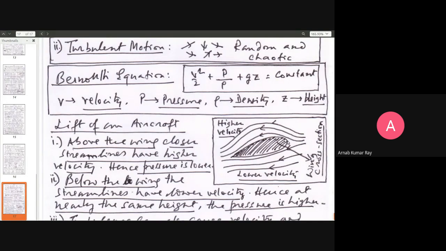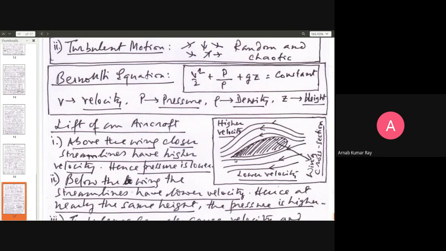Now, because of this extra hump-like structure on the top face, the streamlines would be forced to come closer, right? If there are more streamlines here, then they will be bunched up close and they would want to move out more quickly. As a result, the upper part has got a higher velocity as compared to the lower part.